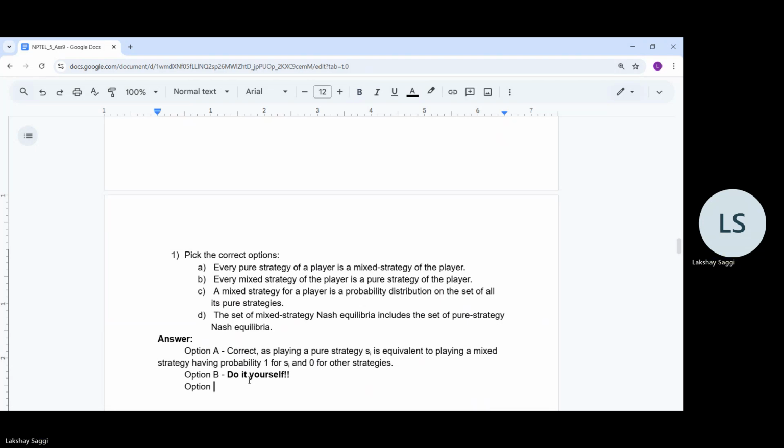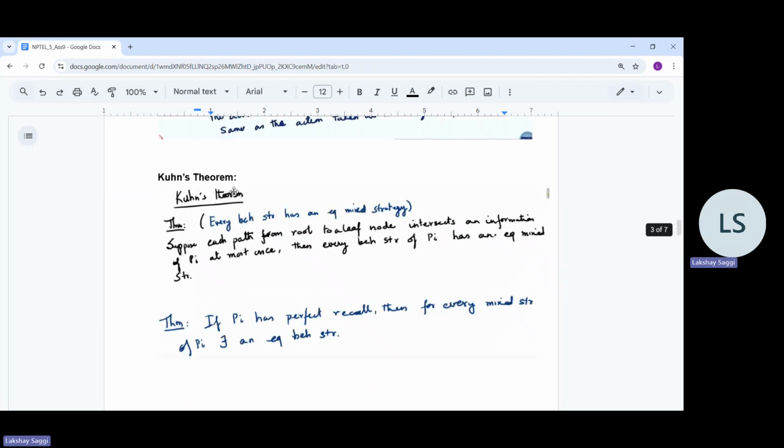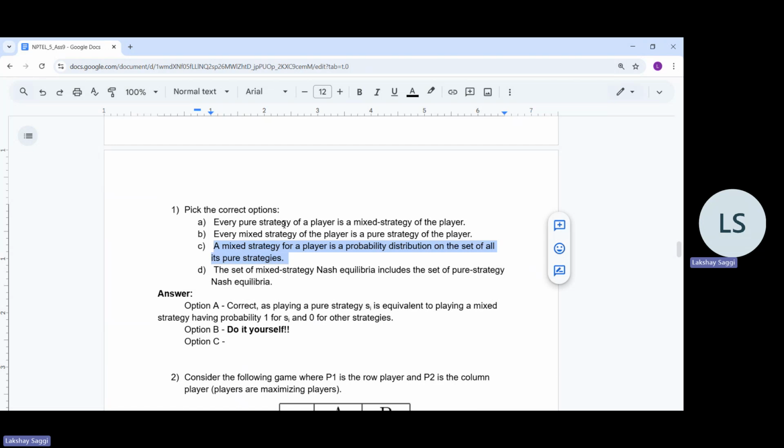Similarly, what's option C? Option C is something which we have already discussed in these notes itself, right? Option C just says that a mixed strategy for a player is a probability distribution on the set of all of its pure strategies.